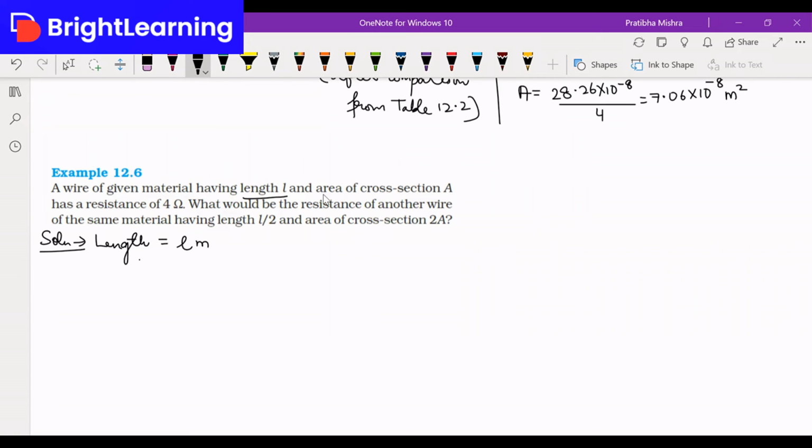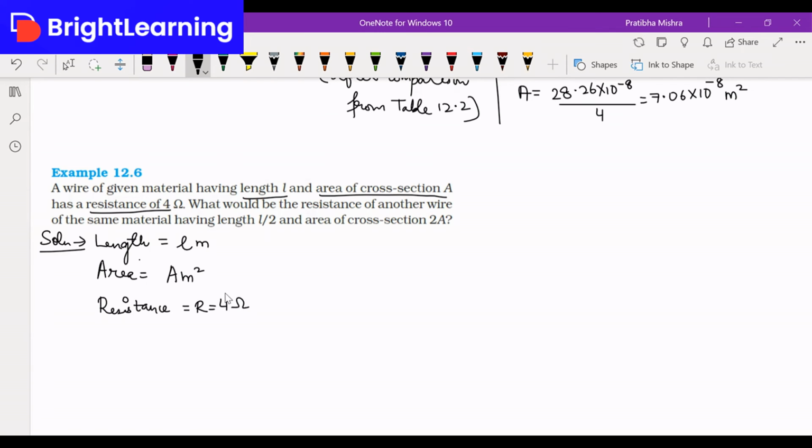Area of cross section is how much? A meter square. Okay. What's the resistance? It's a capital R, 4 ohms.